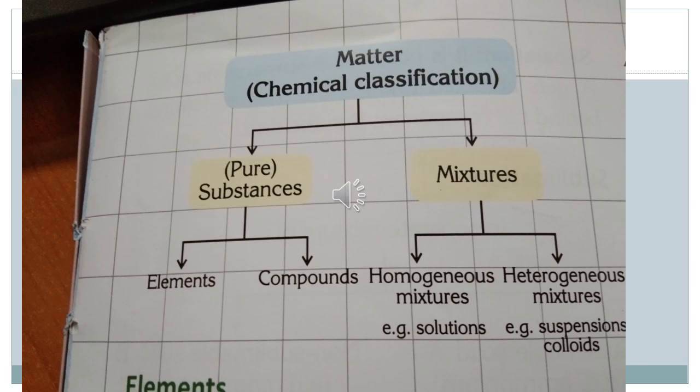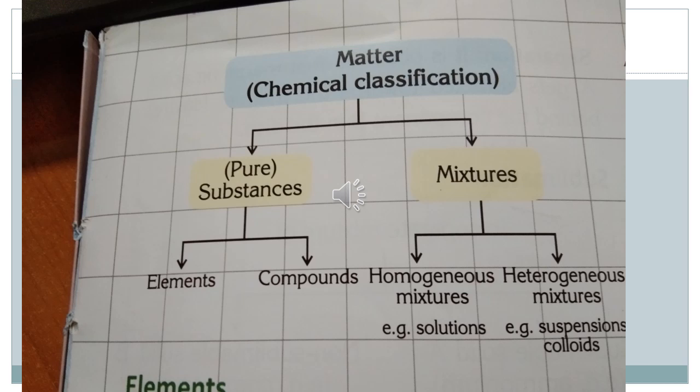Then what are pure substances? Elements, compounds. Mixtures: homogeneous mixture, heterogeneous mixture. Examples: solutions, suspensions and colloids. Here, for solutions, the two examples are given: one is suspensions, another one colloids.